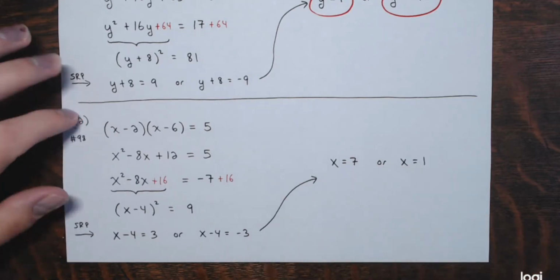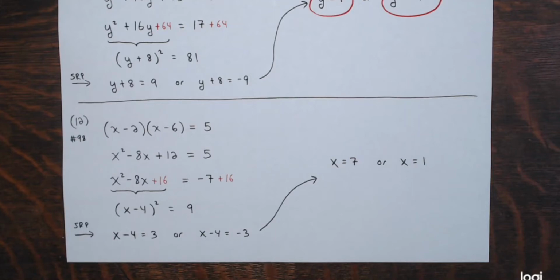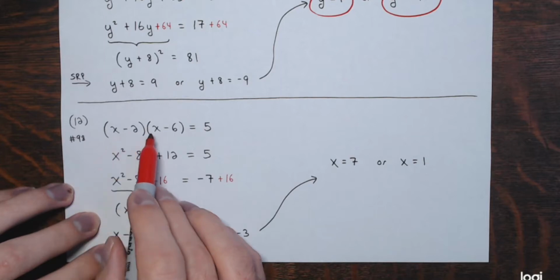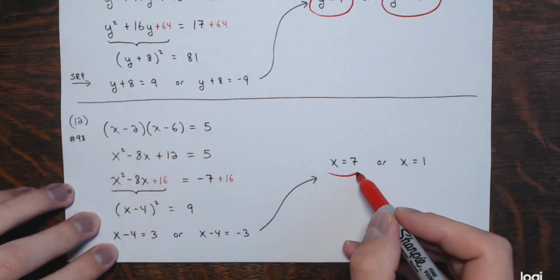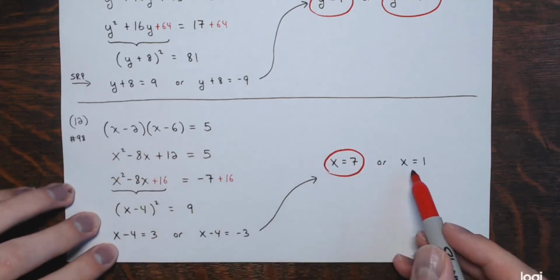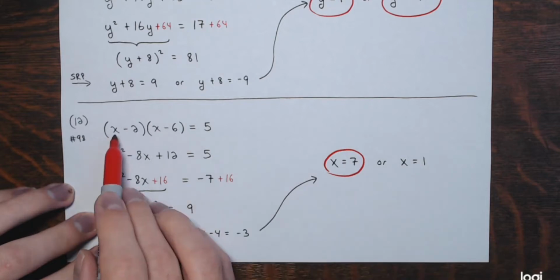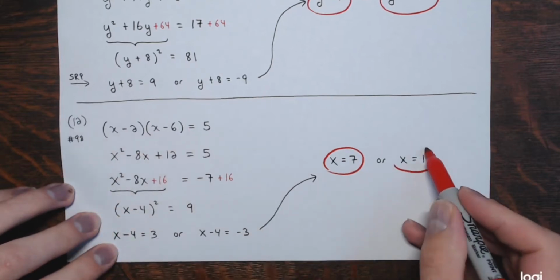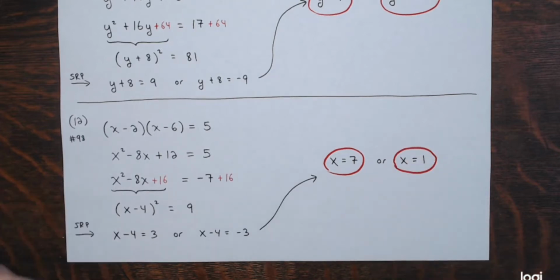So x equals 7 or x equals 1. And again, these should be pretty easy to check. If x is 7, you'd have 5 times 1 equals 5. That works. If x equals 1, you'd have negative 1 times negative 5 is positive 5. That's also true. Negative times negative is positive. So the solutions for this one are 7 and 1.